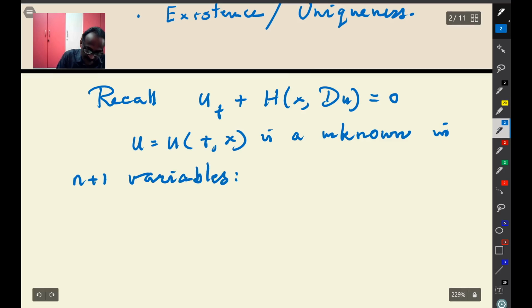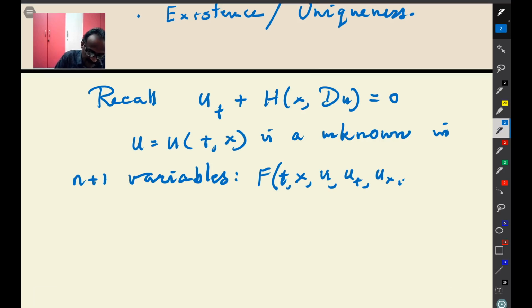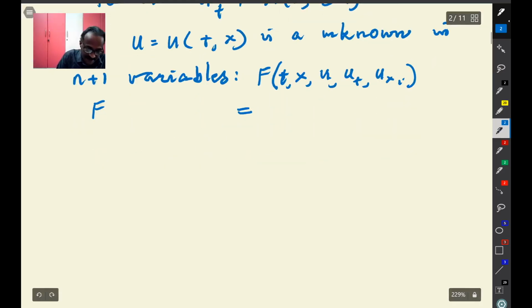If you put this equation in a very general form, you can write it as F(t, x, u, u_t, u_xi). x is also a vector, an n-vector, so that gives you n plus 1 unknowns.